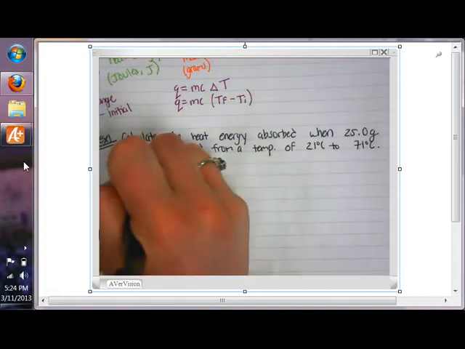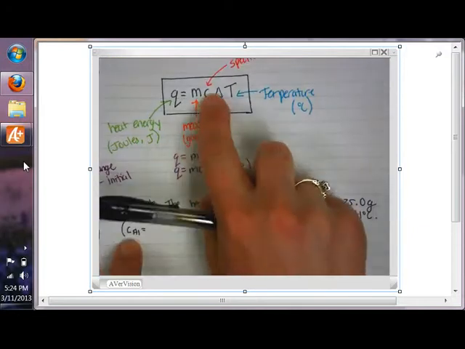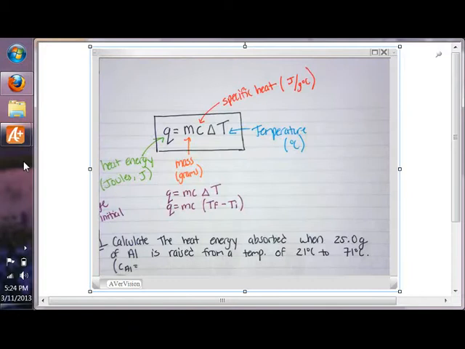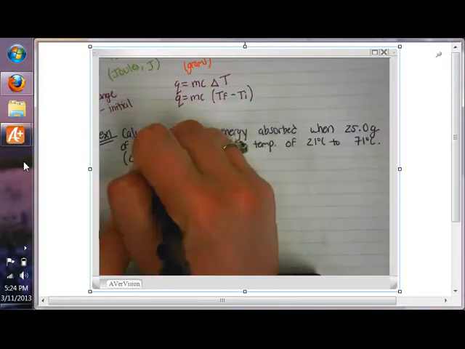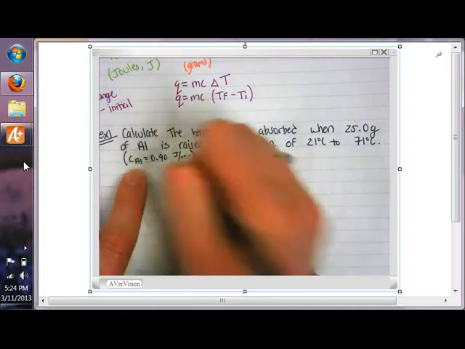And then the C of aluminum, so C stands for specific heat. So the C of aluminum I'm giving you is 0.90. The units are joules all over grams degrees Celsius.